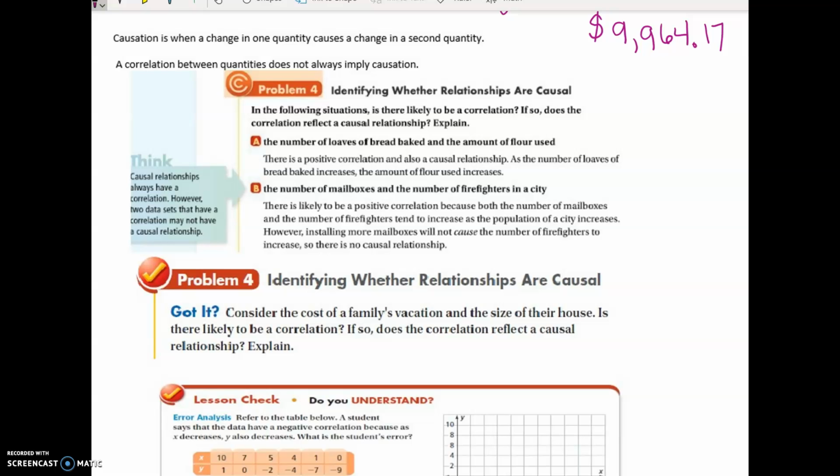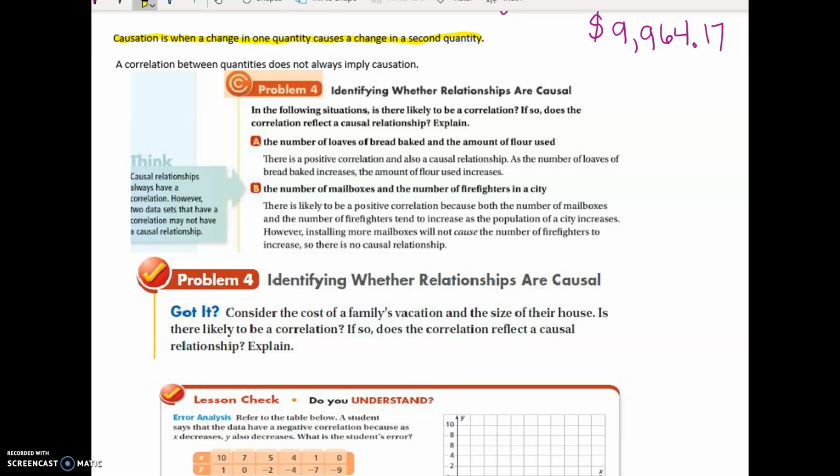I don't really use this a lot as far as homework or testing, but it's one of those statistical things that you should be aware of and know that it is a type of relationship. Here it tells us that causation is when a change in one quantity causes a change in a second quantity.